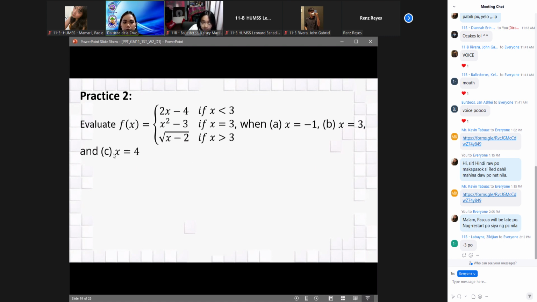And the last value of x is equal to 4. So using your notebook, try to answer A, B, and C by using piecewise function. After that, raise your hand kung mag-answer na. Sige, practice lang ng practice kung paano mag-evaluate ng function.